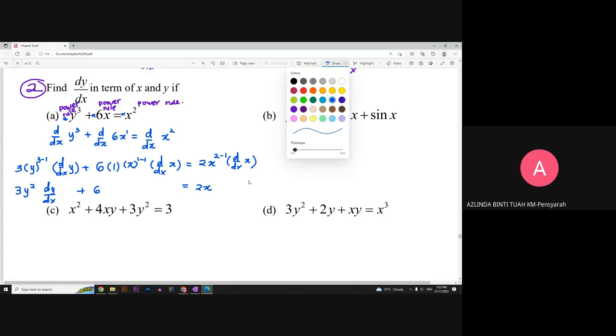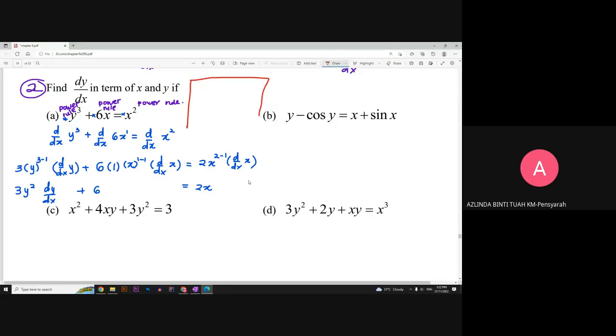So, to make it easy, kita buat nota supaya every time kita jumpa case begini, kita akan terus tulis dia punya jawapan without long calculation. Okay, the first one, whenever we differentiate x with respect to x, it is equal to 1. Whenever we differentiate y with respect to x, it is equal to dy per dx.